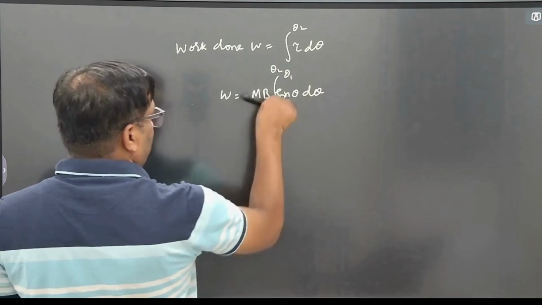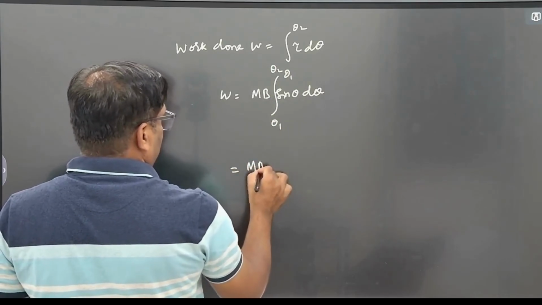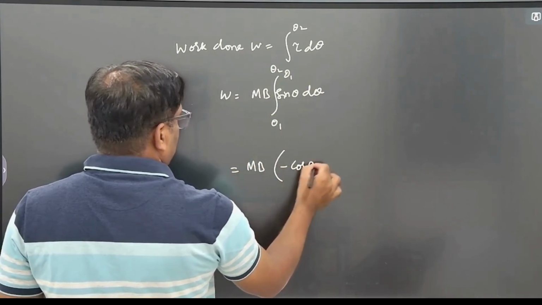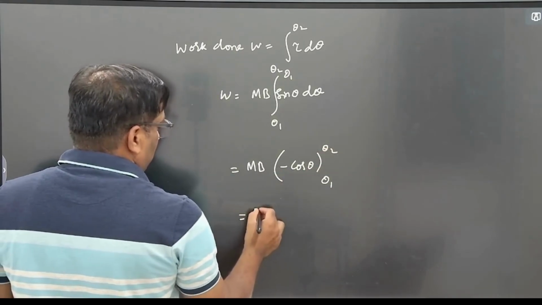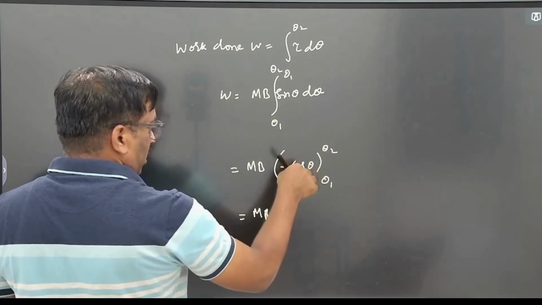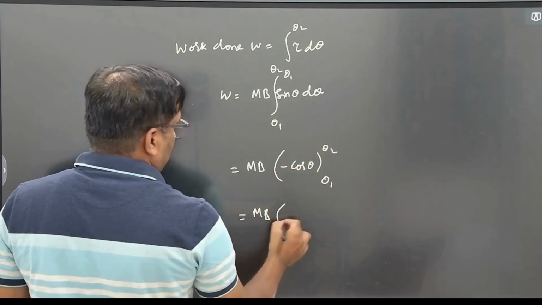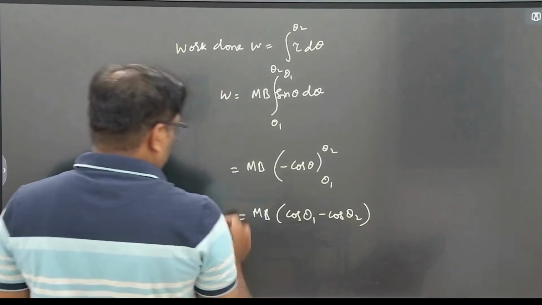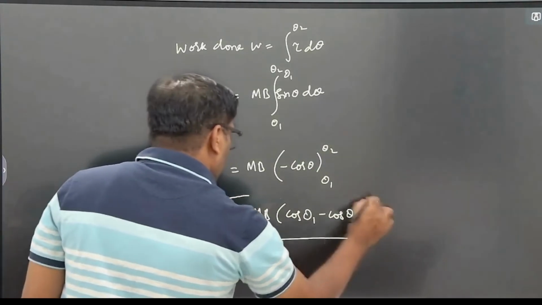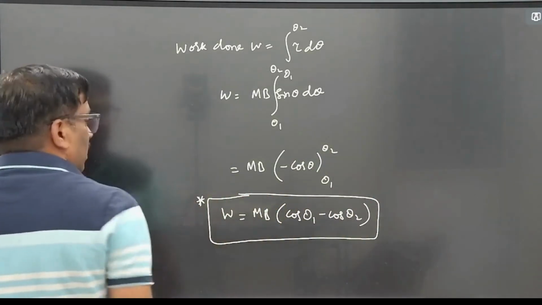Clear? The integral gives mB into minus cos theta, from theta 1 to theta 2. Substituting, mB into (cos theta 1 minus cos theta 2). So this is the work done in rotating a coil from one angle to another angle.